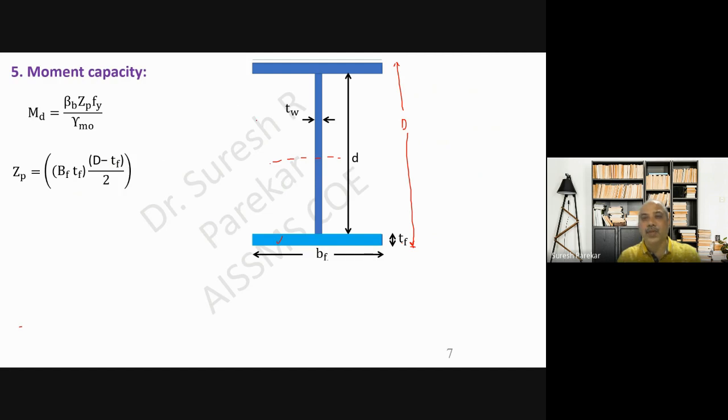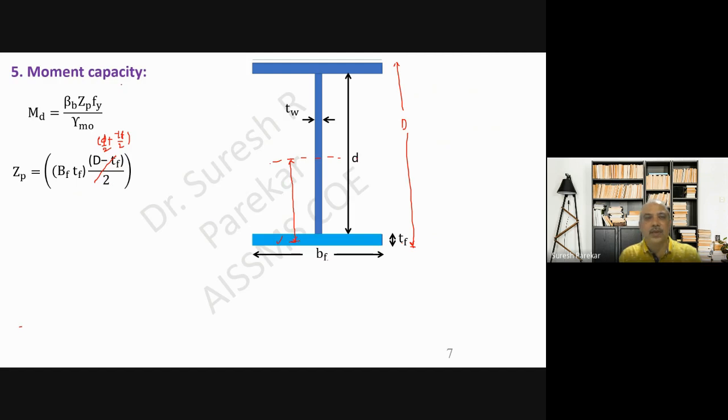So we are going to consider D minus tf by 2, and that will be Zp due to one side flange. Or if you consider this as d, then I can write it as, instead of this, d by 2 plus tf by 2 also. So this distance till the center.